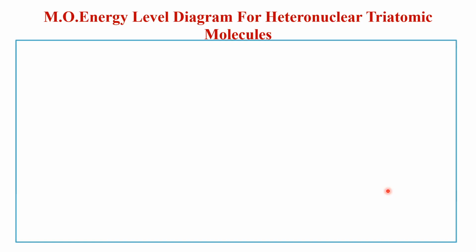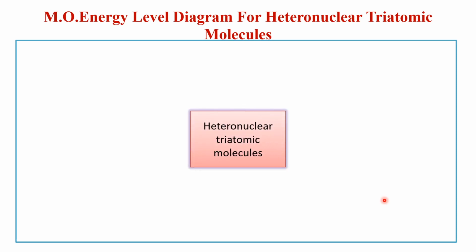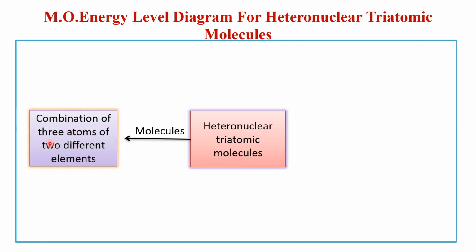Okay, so let's start. So we are having the MO energy level diagram for heteronuclear triatomic molecules. So what do you mean by heteronuclear triatomic molecules? So we know that triatomic molecules means the molecules which are formed due to the three atoms, and when the three atoms are hetero, means different, it is called the heteronuclear triatomic molecules. So we can say that the heteronuclear triatomic molecules are formed by the combination of three atoms of two different elements, right?